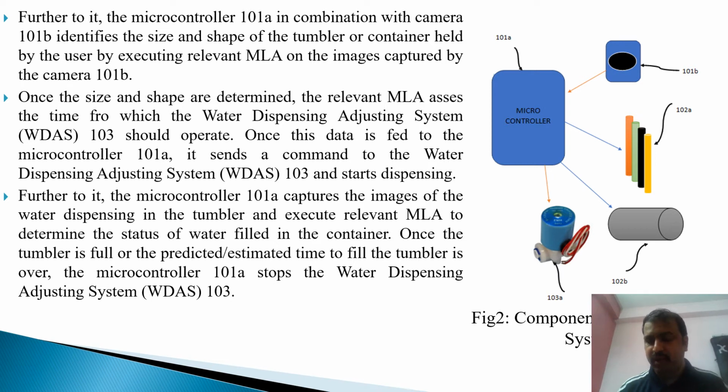And 103A is the dispensing unit, that is nothing but a solenoid that will control the water outlet from the dispensing unit. Based upon the tumbler size that is being judged and that is being kept by a user, right? Water will be dispensed, and the water dispensing will be controlled by this 103A, that is nothing but a solenoid.